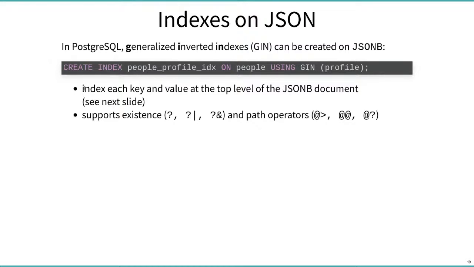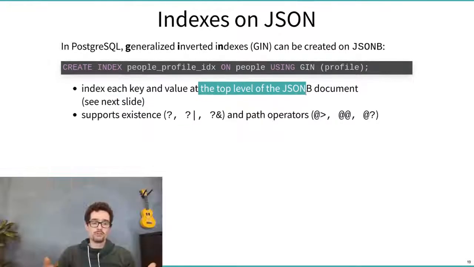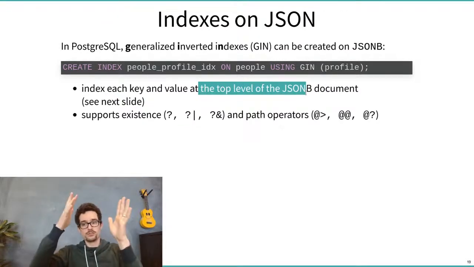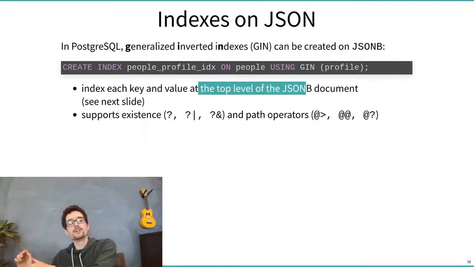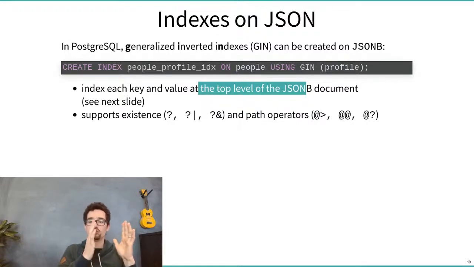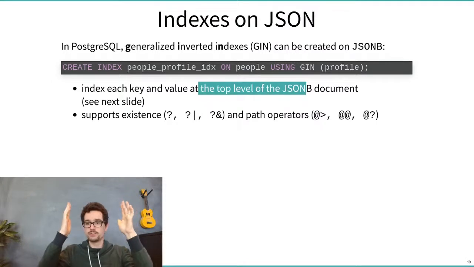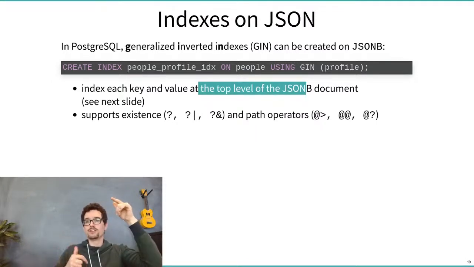So we index each key and value at the top level of the JSONB document. So if your JSONB document has sub-elements, sub-documents, and then again sub-documents in that sub-document, these are not indexed. So only the very top level elements, your fields that start after the first curly bracket.